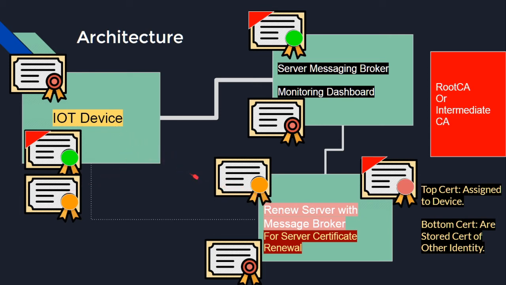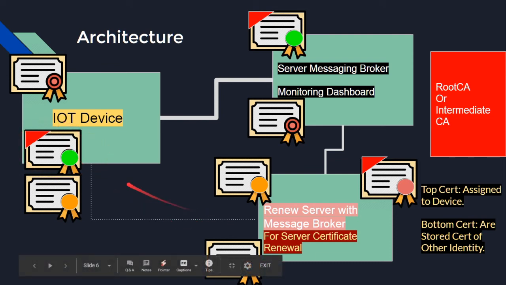Then they establish a strong communication path. The IoT device then requests a new certificate, the renew server sends a new certificate, and in this fashion the IoT device gets a new certificate via an encrypted path.